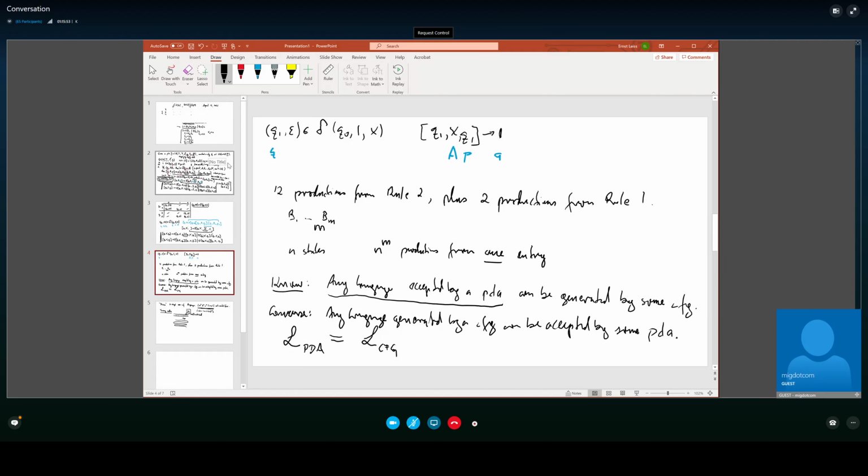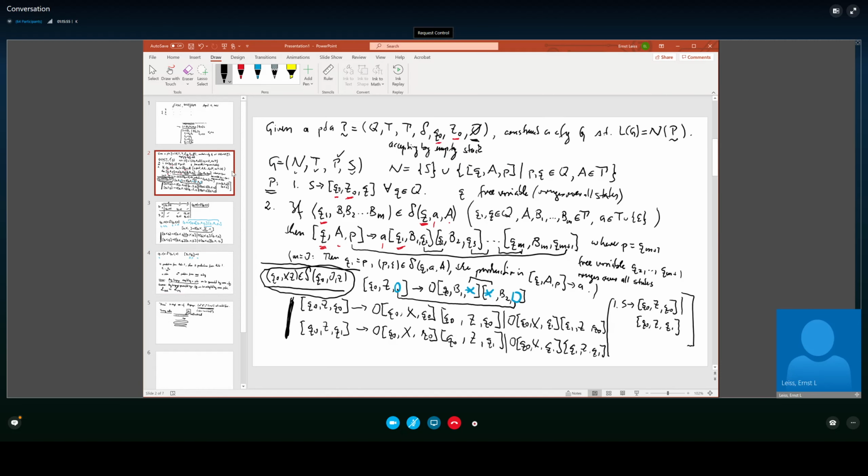Well, what I didn't prove formally was that if you have a word that is accepted by empty stack by the push-down automaton, then that word is also generated by the context-free grammar that we constructed here. But you can show that. The textbook contains it if you really want to spend 3 or 4 hours.